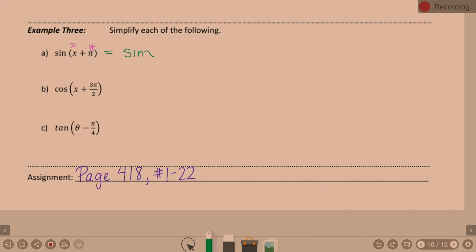Sine of x. Then what? Cosine of y, which in this case is pi. Are we going to add or subtract? This is a sine identity, so you keep that middle sign the same. And then second part is cosine x. And then sine of y, which is pi.